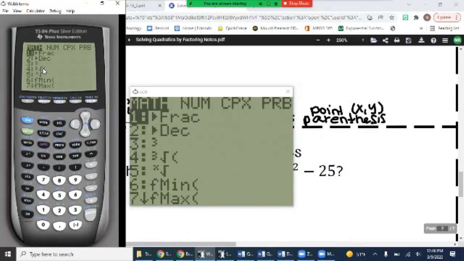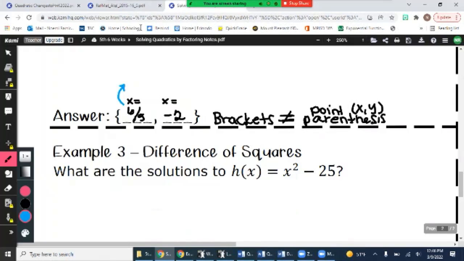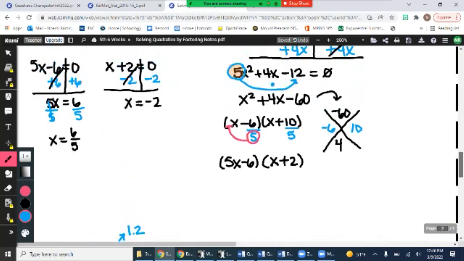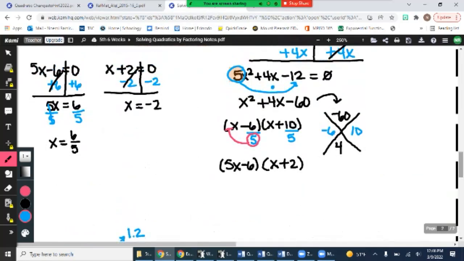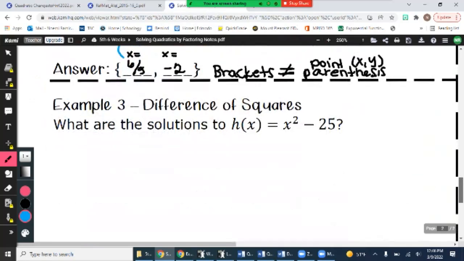Decimal is option 2, so you have to go down, enter, enter, and there's your positive 1.2. Just in case. Okay, so, next one.